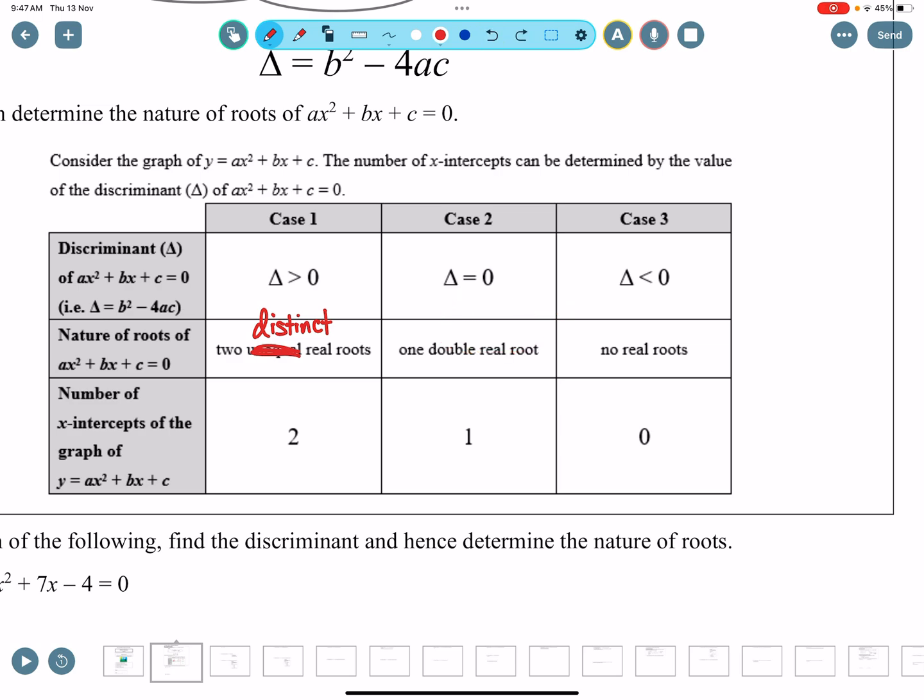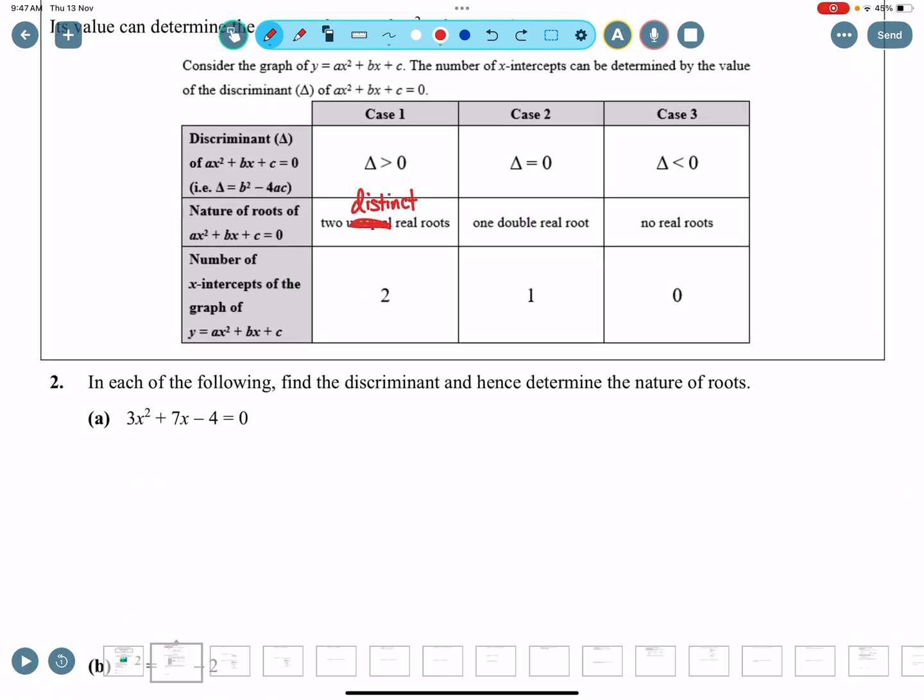And the last case, when you have an imaginary number or what we call undefined math error, that's no real roots. The word real is important here because if you mention no roots, that's actually incorrect because there are imaginary roots. It's just you did not learn it or you don't have to learn it yet.